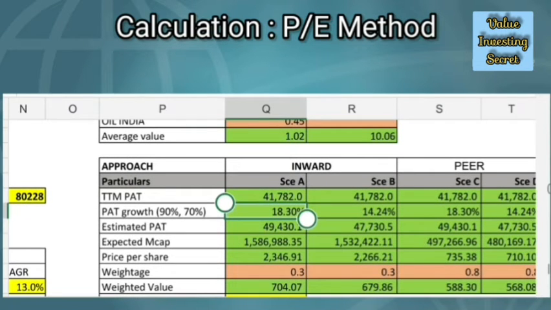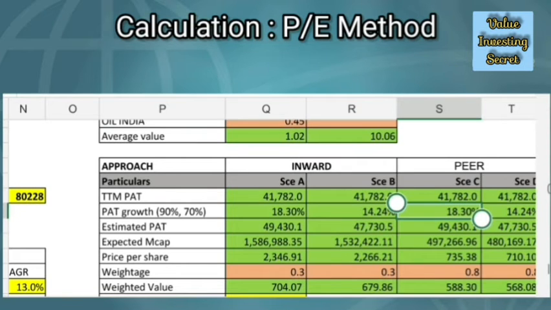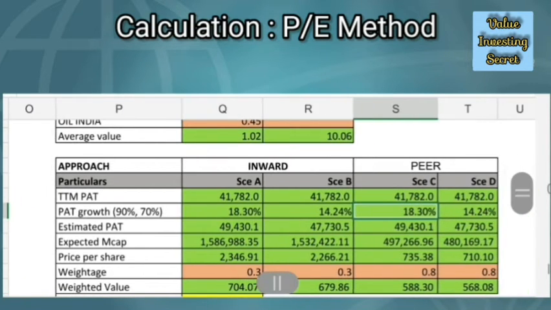So this is the 90% of actual CAGR and 70% of actual CAGR.